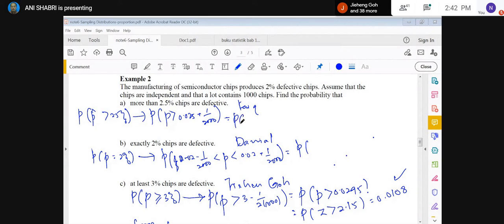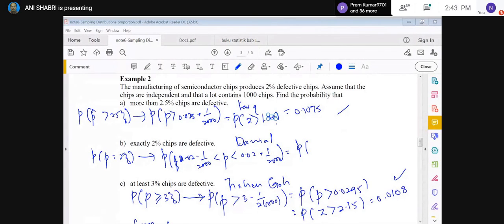It is equal P Z greater than 1.29. 24 ke 29 lah? 29, 24. From table we can get 0.1075. Ini okey.